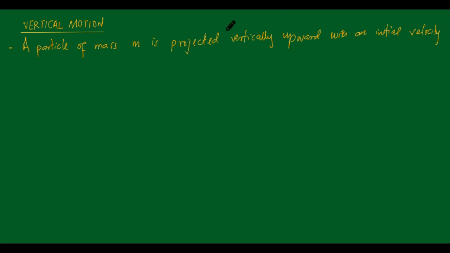A particle of mass m is projected vertically upward with an initial velocity v naught.